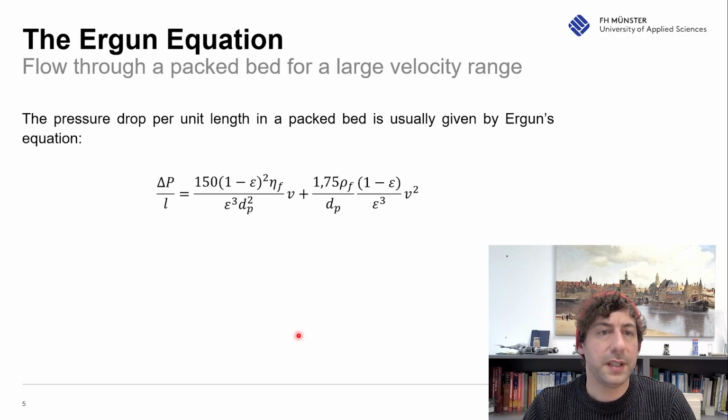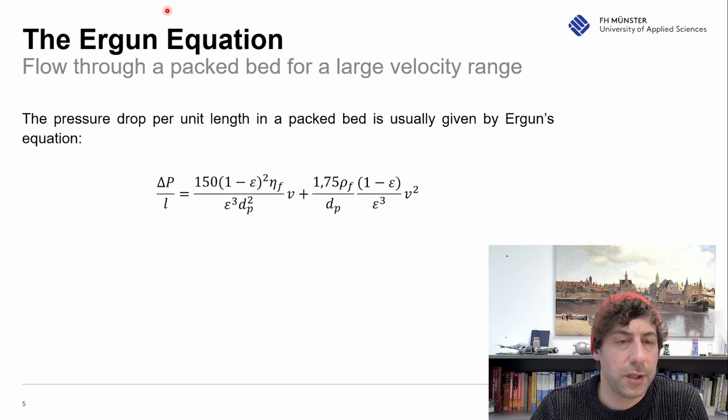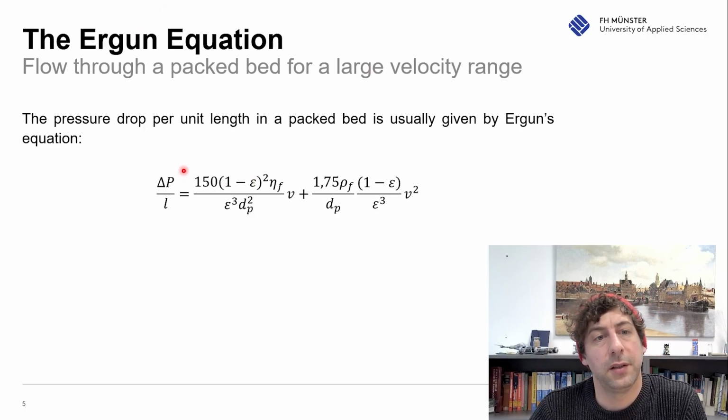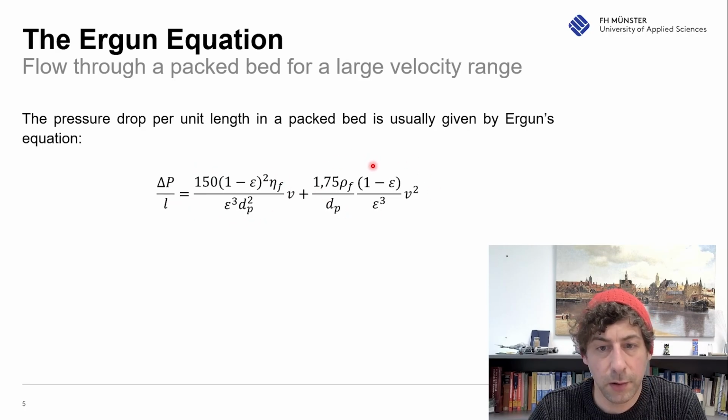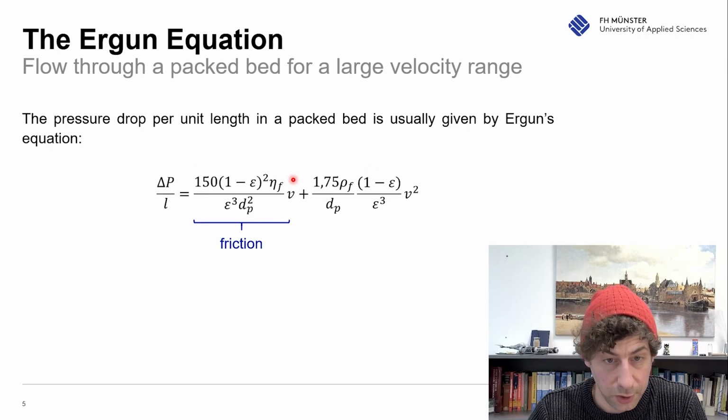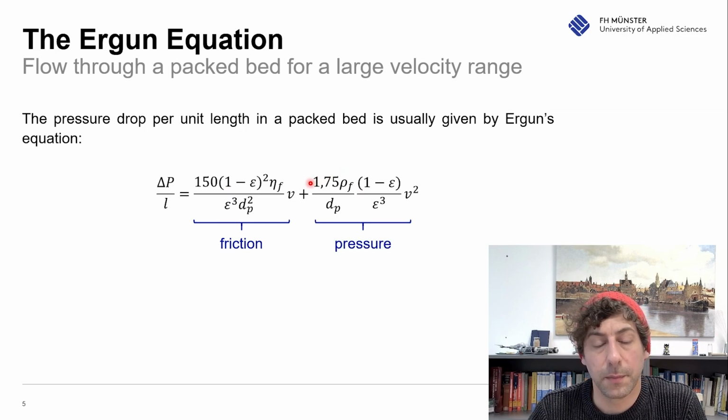Okay, so first let's take a look again at the Ergun equation. The Ergun equation basically describes the pressure drop per length, so per meter, and this is also what we need in the task. We calculate per meter, and then we have two parts. We have this term and we have this term, and this is a friction term and this is a pressure term.